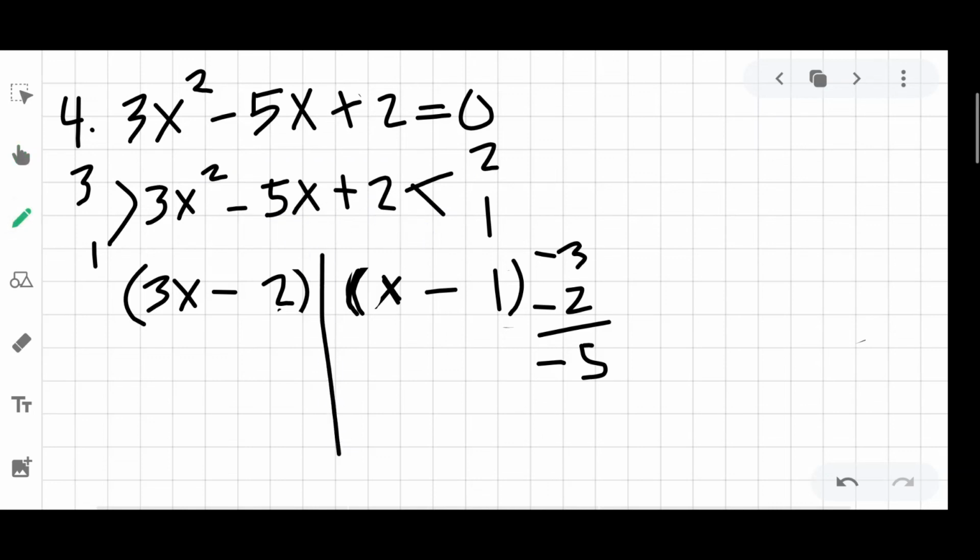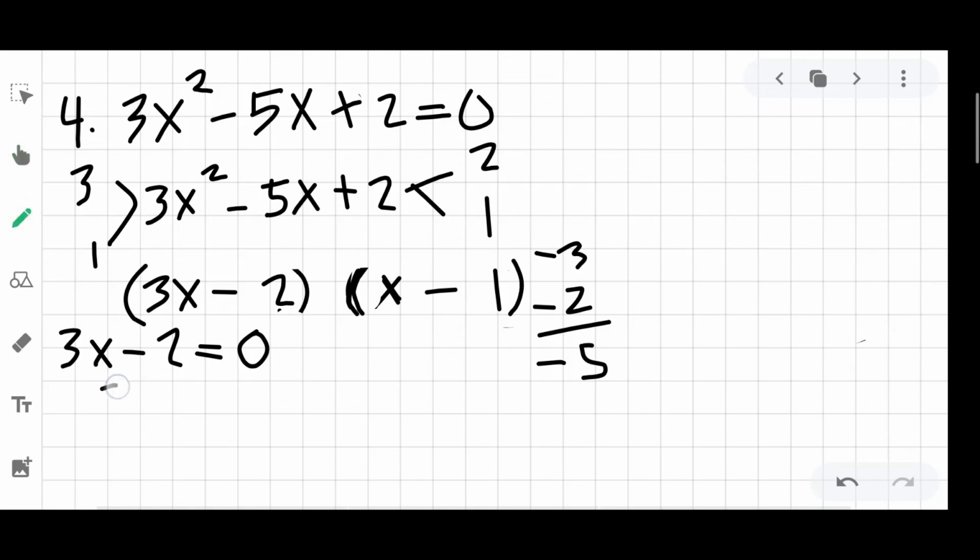Gamitin natin yung first factor na nakuha natin. 3x minus 2 equals 0. Kailangan nating i-transpose si negative 2 sa kabila.